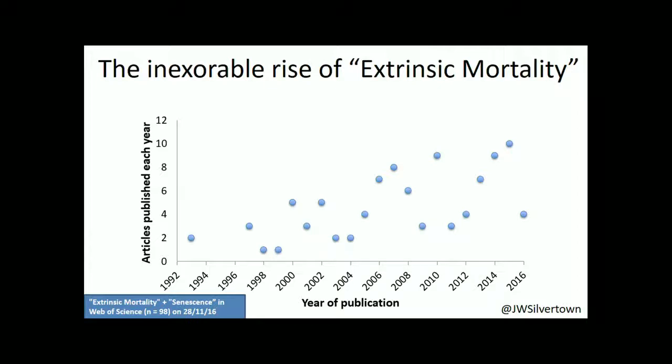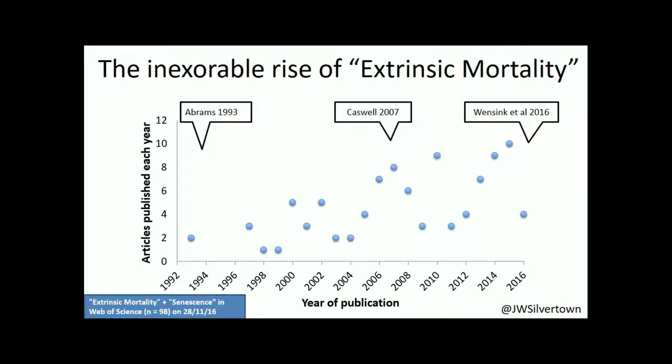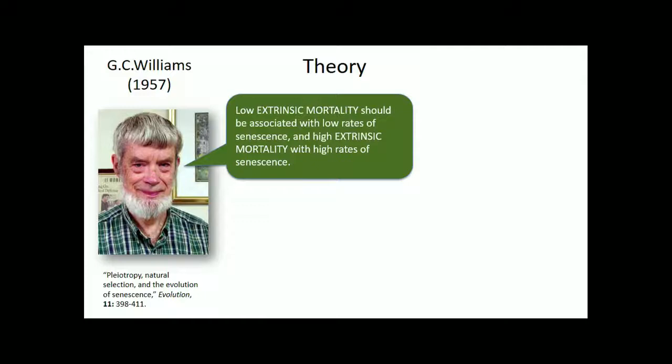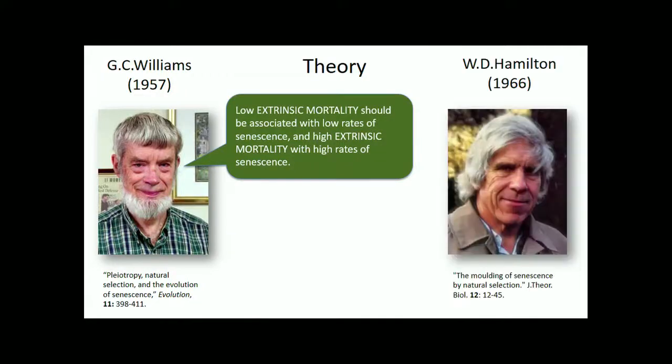And this has increased despite the fact that Abrams himself in '93, Howe in 2007, and Vensic et al., and I think Howe was a co-author of that, in 2016, have pointed out that Williams' hypothesis is actually flawed. It's wrong. This idea has been tested and tested, and people said, my data agrees or my data doesn't agree, and they've treated this hypothesis as though it's actually sound.